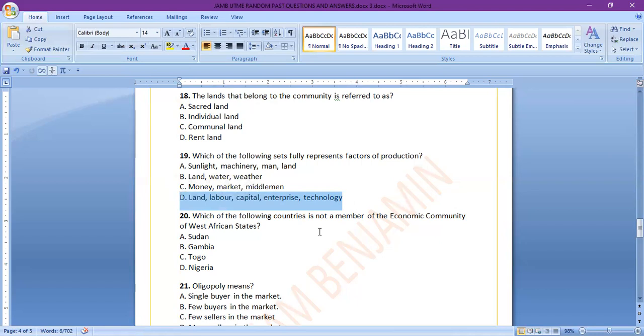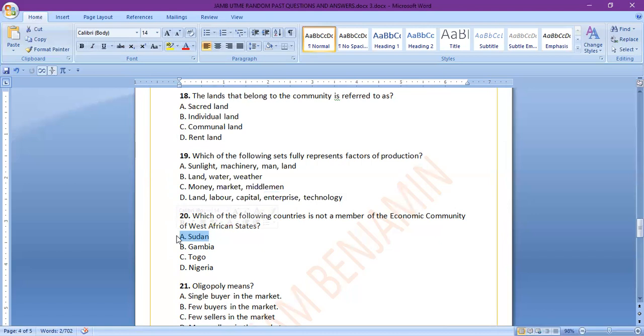Yeah. So number 19, which of the following countries is not a member of the Economic Community of West African States? A, Sudan, B, Gambia, C, Togo, D, Nigeria. Yeah, so for some of you that may be very good in geography or even economics, you know that out of this option, only Sudan is out of play because Sudan exists in the Eastern African region.